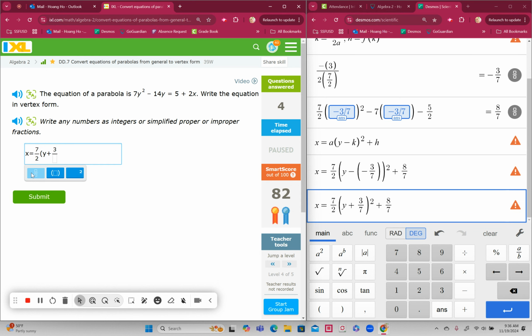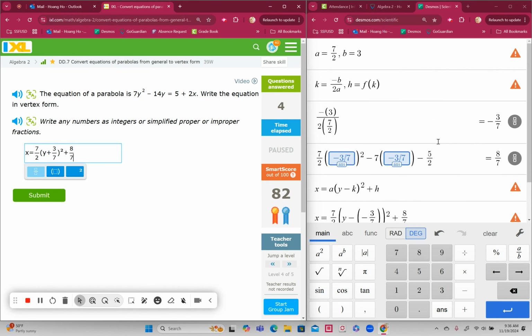Make sure you close the parentheses, make sure power 2, and then plus 8 over 7. 8 over 7, okay.